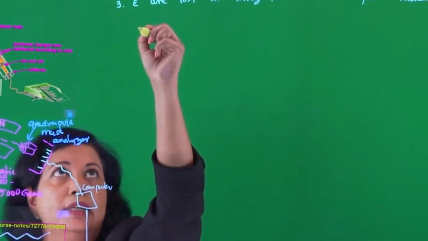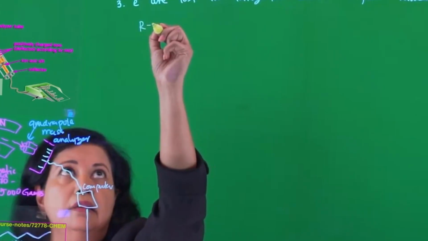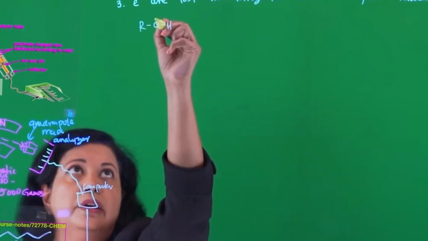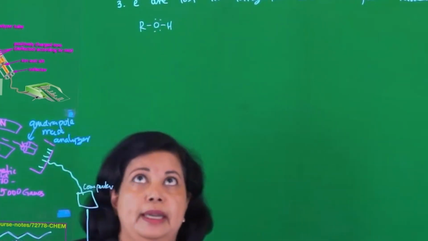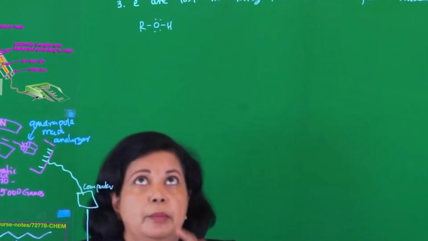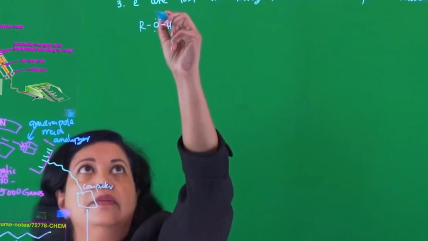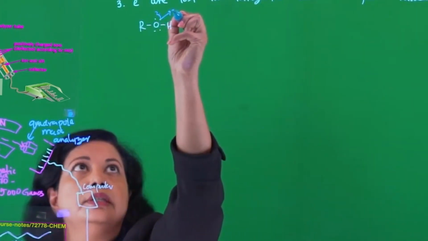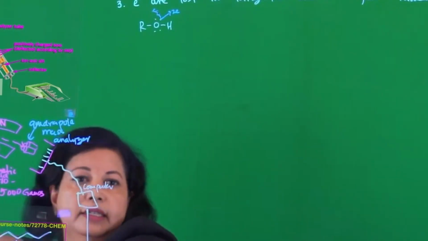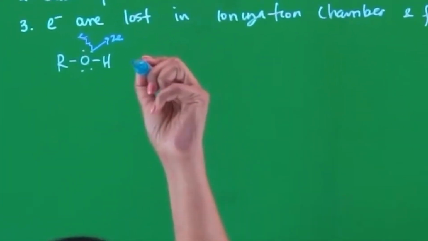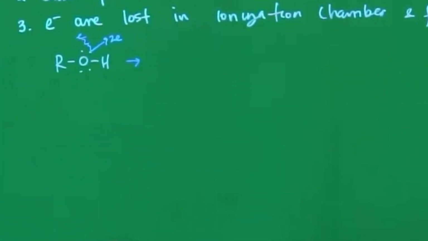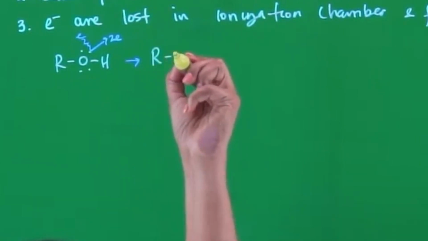So let's say you have an alcohol here. An alcohol has lone pairs and bond pairs. It's easier to knock this off. So the electron comes in and takes off one of the electrons inside the ionization chamber, which is then going to leave you with a radical cation.